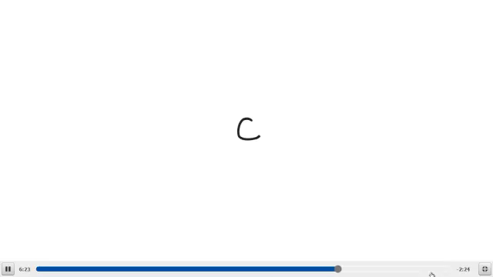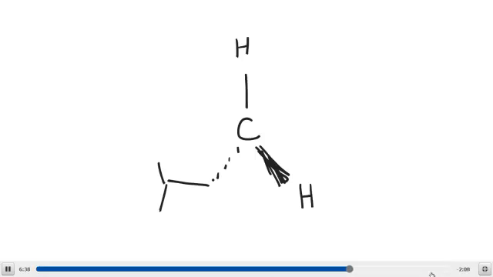It can't form a carbocation. Let's see my representation of that. But what's actually going to happen in the transition state here is that the carbon-oxygen bond here will start to break, and those pair of electrons will go to the oxygen.